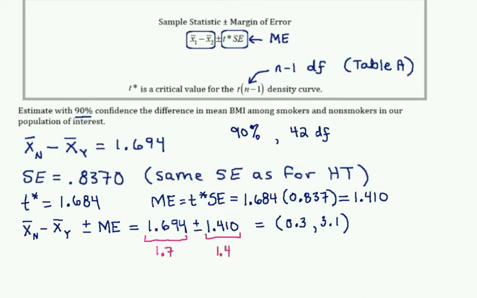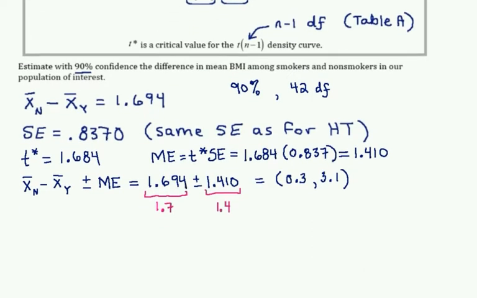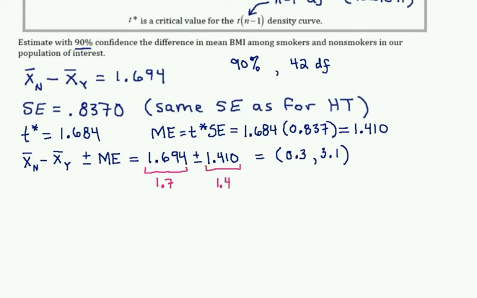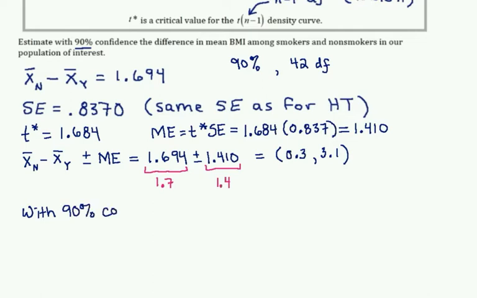Now, of course, we still need to interpret this confidence interval. So we start that out with 90% confidence. Almost said 95%. With 90% confidence. And I want to think about what I'm saying here.